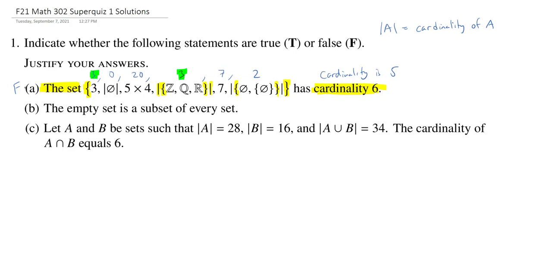The empty set is a subset of every set. Well, I guess this requires us to go to the definition. So if you have 2 sets A and B, A is a subset of B if every element of A is an element of B. So if I want to prove that the empty set is a subset of every set, then I'm going to have to show that every element of the empty set is in every set.